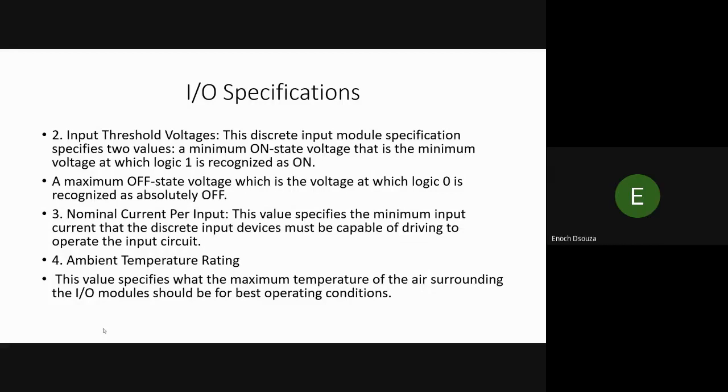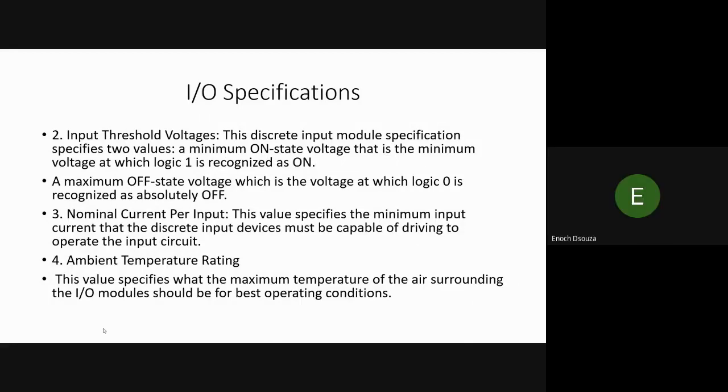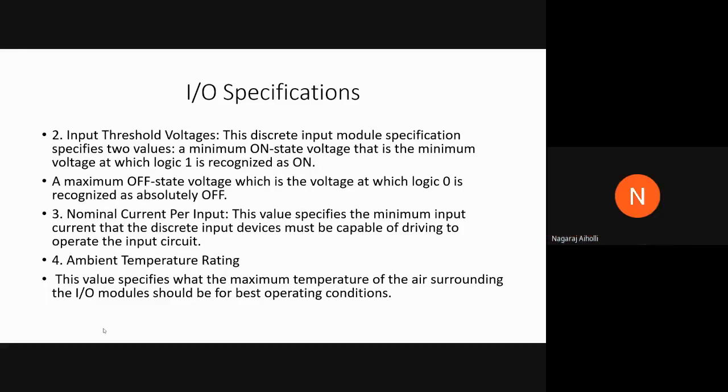Sir, ambient air we have come across. Pardon, I didn't get your point. Ambient air. Yes, please. Please repeat. You are right, you are telling something about the air. Yes, correct. Ambient air, sir. Yes, correct. Very good.